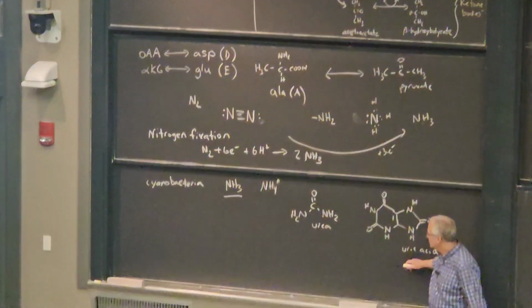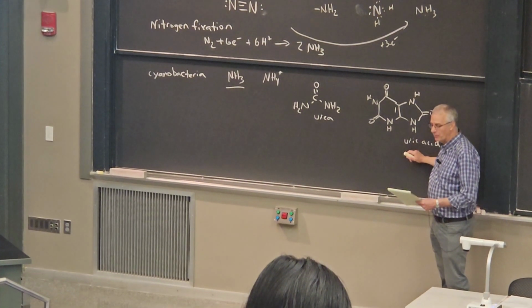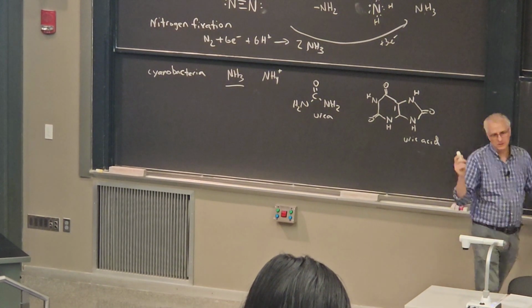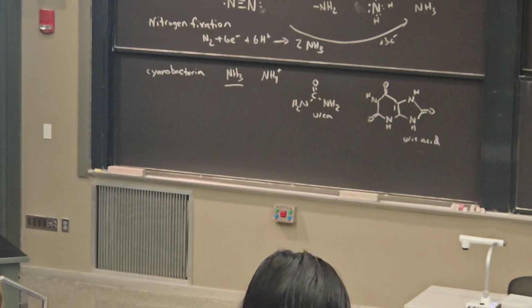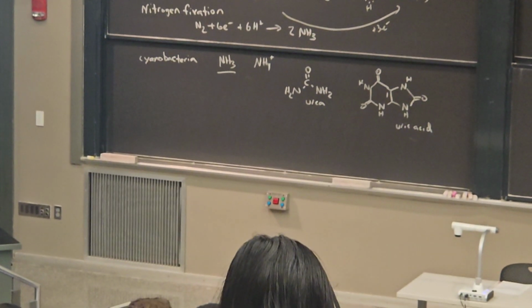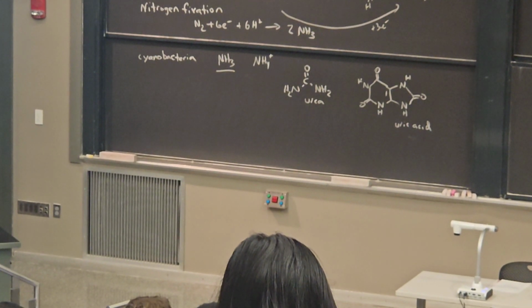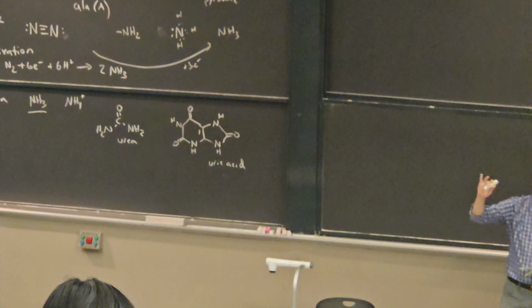So before we get into some specifics, one other point I want to make about humans, which is kind of interesting, but also helps illustrate an important point about amino acids. We're heterotrophs, okay? Every single one of us has to eat other organisms or we can't live, which means we have to get rid of excess nitrogen in our diet.